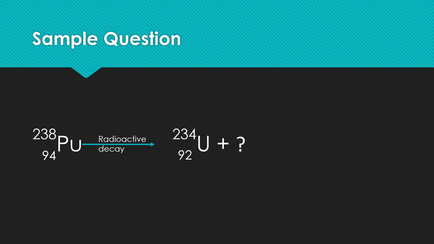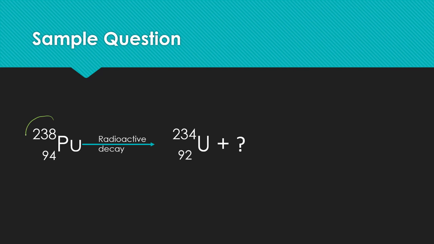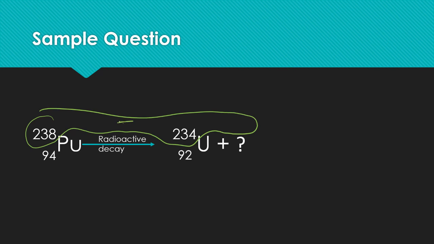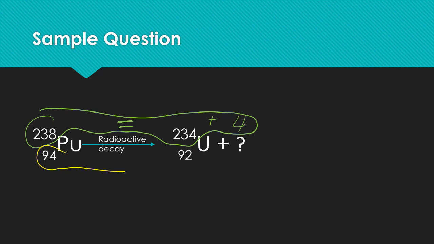All right. So that's the kind of stuff I want you to be able to do for your work. So for this example here, we're trying to figure out what it makes. 238 equals 234 plus what? Right? 238 equals 234 plus 4. So now we know whatever this is has a 4. And then on the bottom one, 94 equals 92 plus what?